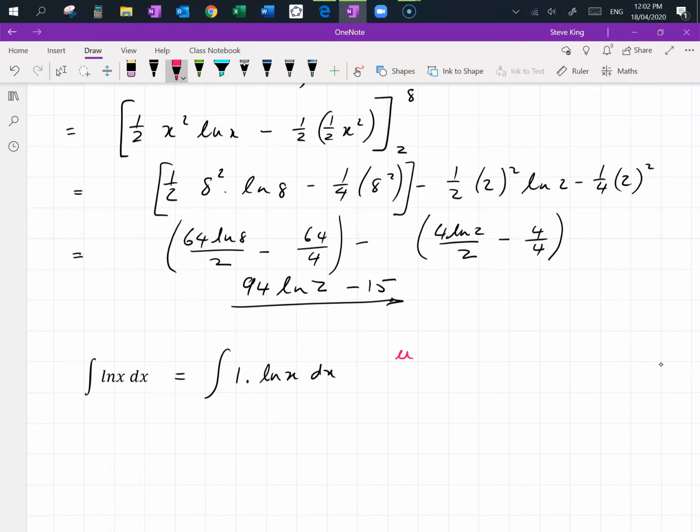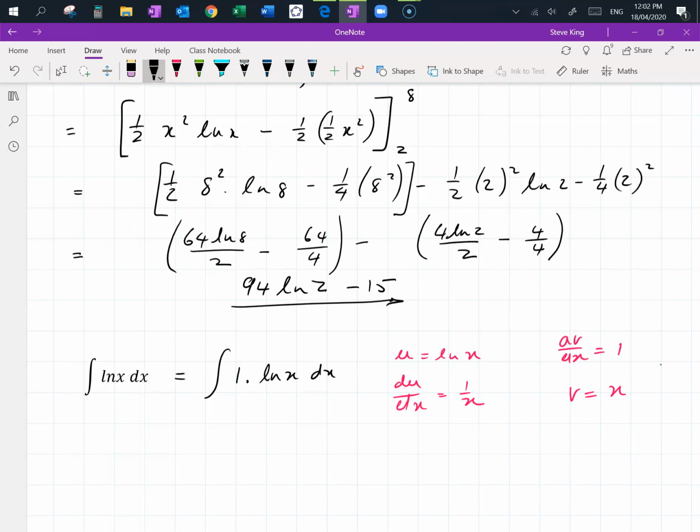So once again, I'm going to say u is going to equal ln x. So du dx is going to be 1 over x. And dv dx is going to equal 1. So in other words, v is going to equal x.